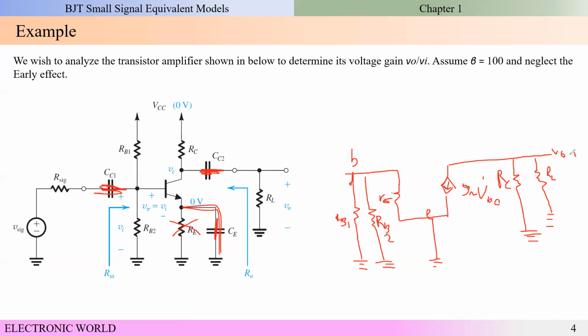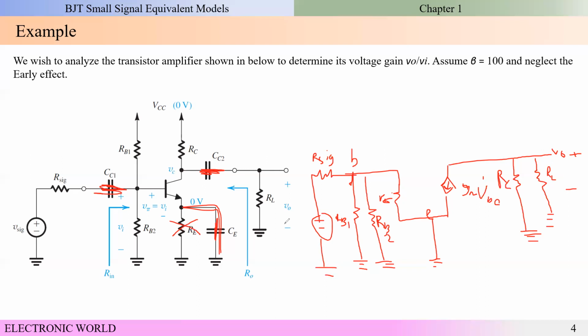This is our output. In this case there is another resistor, the resistance of the signal voltage source, we can say RC, and there is a signal source like this. This is our small signal voltage source.